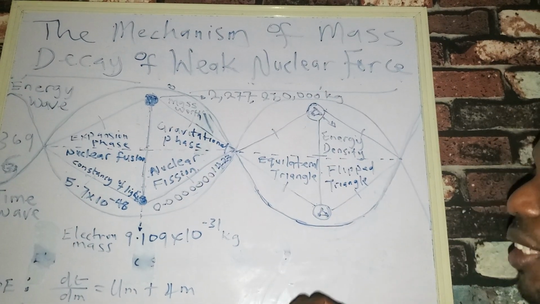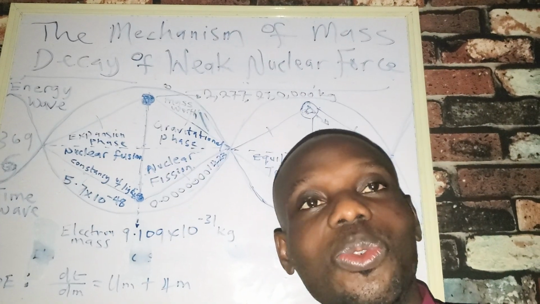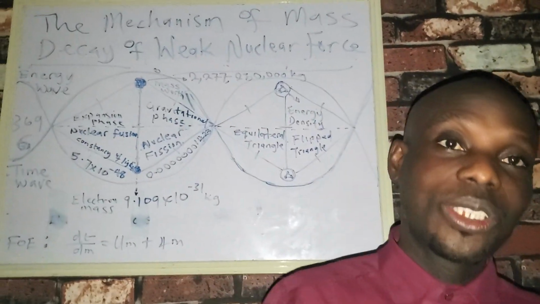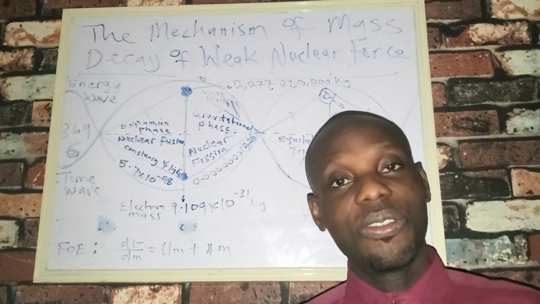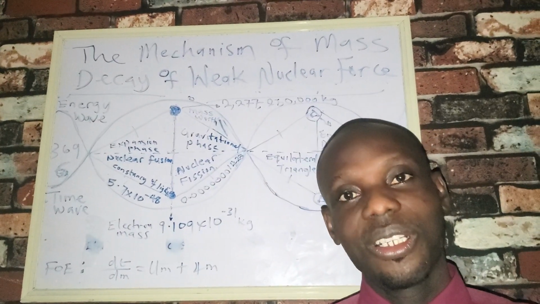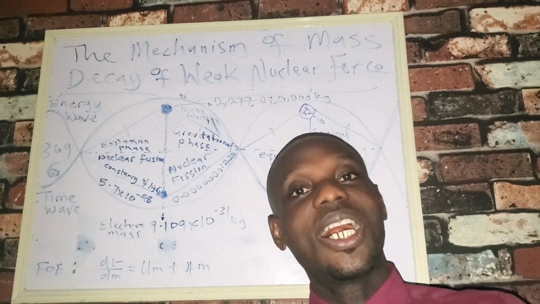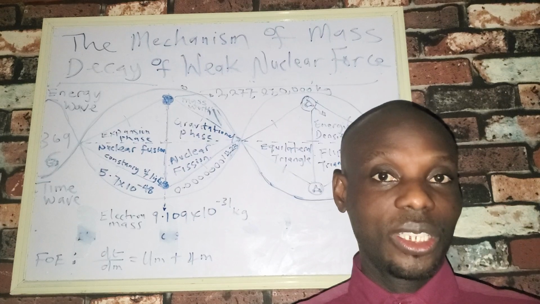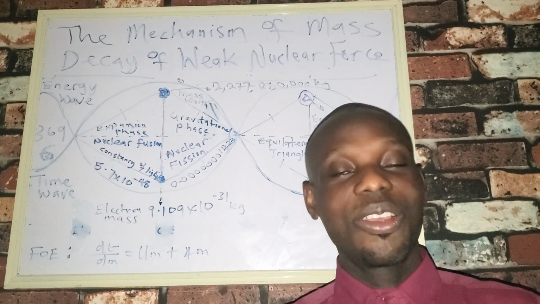So we can now say that the same thing is applicable to the decaying mechanism of either the oldest sun that we may have in the universe, or a big or super sun that explodes into a supernova, or whatever it is.